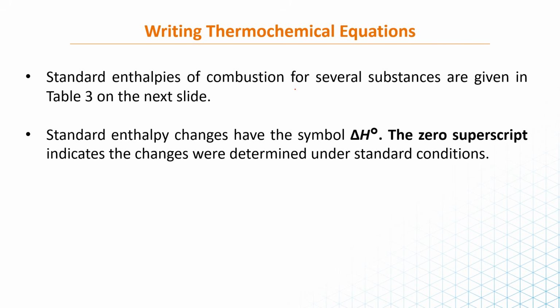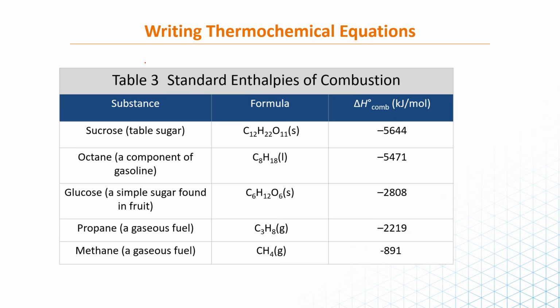Standard enthalpies of combustion for several substances are given in table 3, and the standard enthalpy changes have the symbol delta H note. So this is table 3, guys. So these are the energies or heat that comes out when you burn 1 mole of these substances. If you burn 1 mole of sugar, then the amount of energy you will get is minus 5,644 kilojoule.